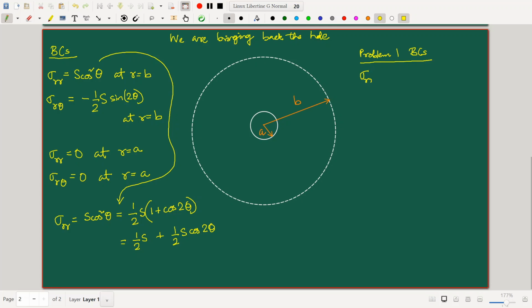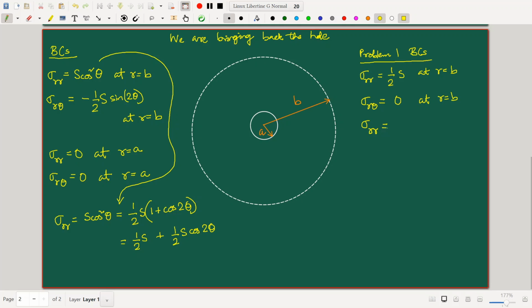Sigma RR is equal to half of S, nothing else. We sacrifice this half S cos 2 theta for this problem 1, and we separate it out into a problem 2. So sigma RR equal to half S, sigma R theta, as you can imagine, we're going to set equal to 0. And of course, this is at r equal to b. This also is at r equal to b.